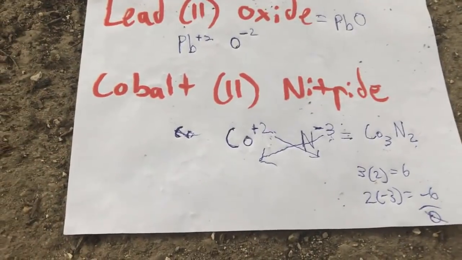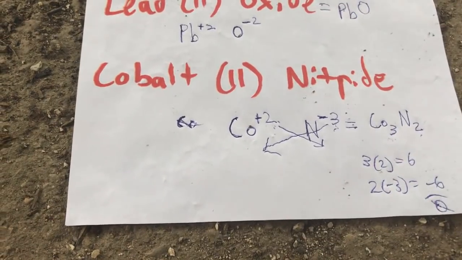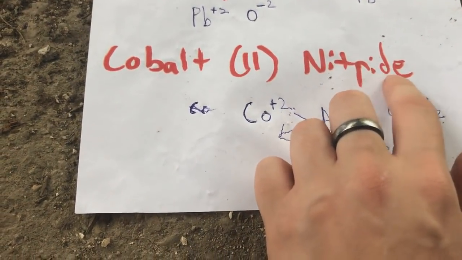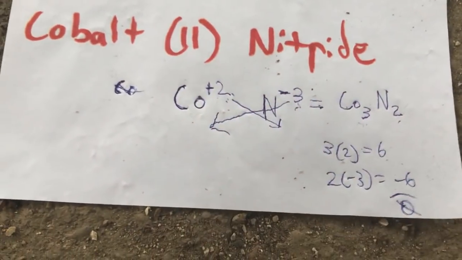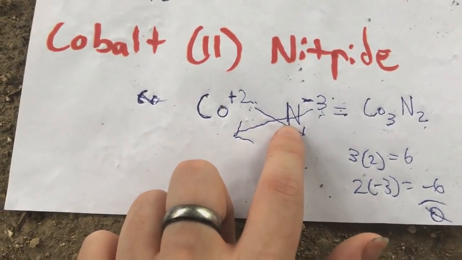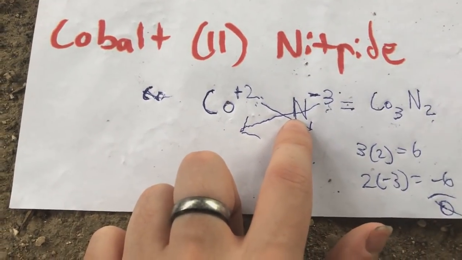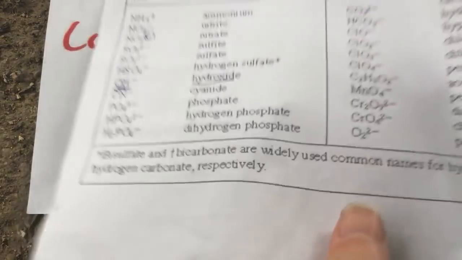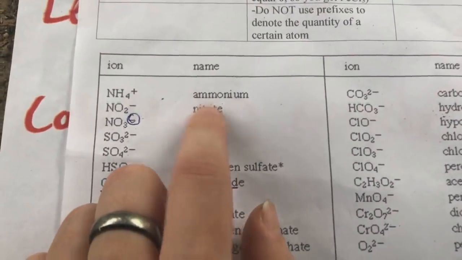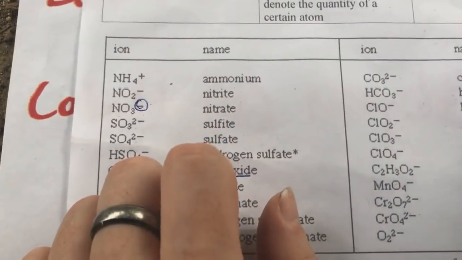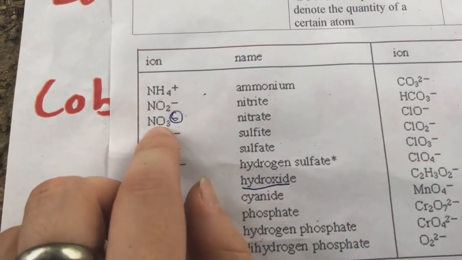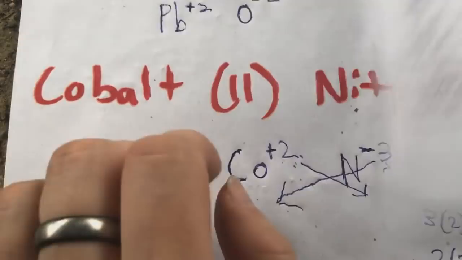Okay, one last note. About these endings here, one question that I get a lot is, how did I know that this was just an N? If they wanted you to put nitrate, or nitrite or something like that, they would have specifically given you NO3 or NO2 or something like that.